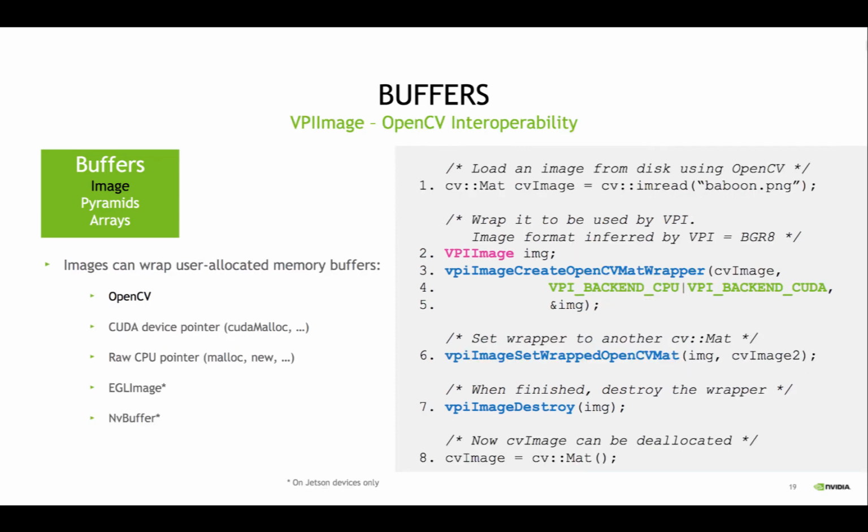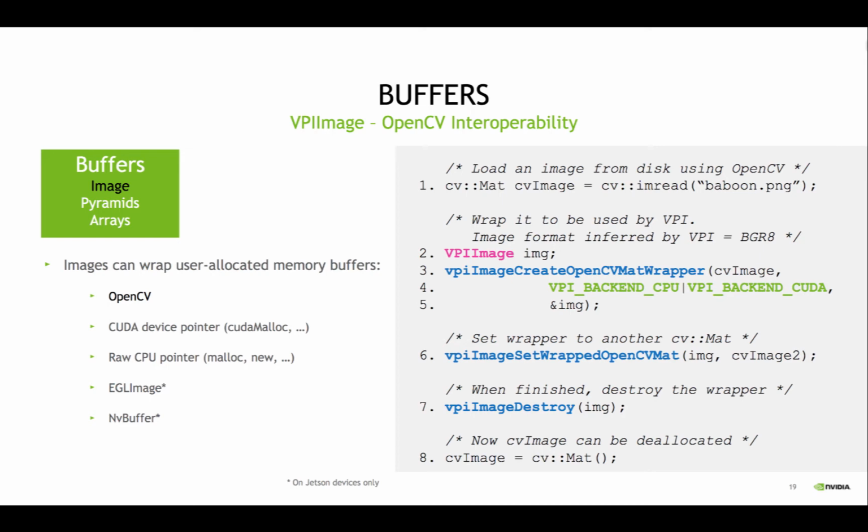VPI also allows you to wrap a memory buffer allocated elsewhere, so that it can be used as either input or output of pipelines. Currently, VPI supports wrapping of OpenCV, CUDA memory, CPU or host memory, EGL image, and NvBuffers. The last two are only available on Jetson devices. Here we show how we would go about wrapping an OpenCV matrix.